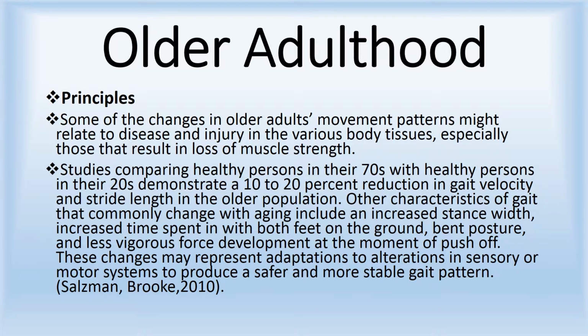Also, some of the changes in older adults' movement patterns might be related to disease and injury in various body tissues, especially those that result in loss of muscle strength. There was an interesting study comparing persons in their 70s with healthy bodies to adults in their 20s, and they demonstrated about 10 to 20% reduction in gait velocity and stride length in the older population.